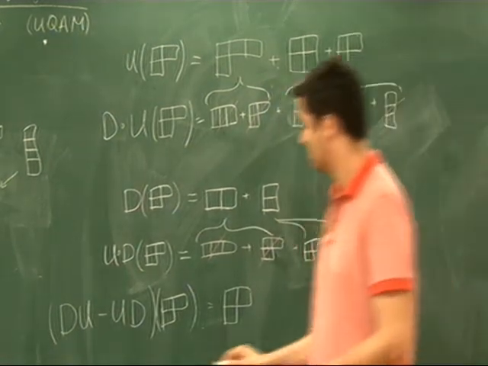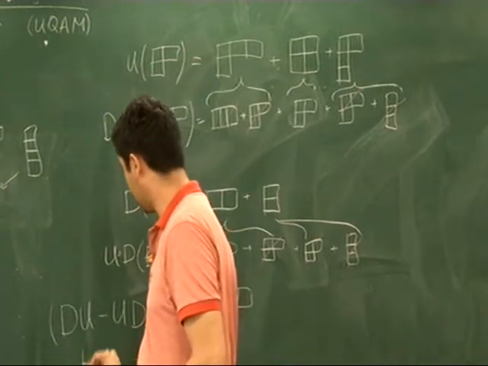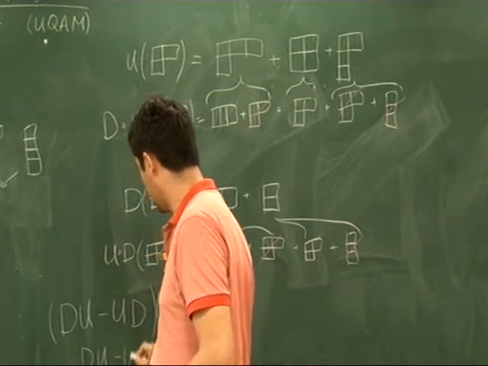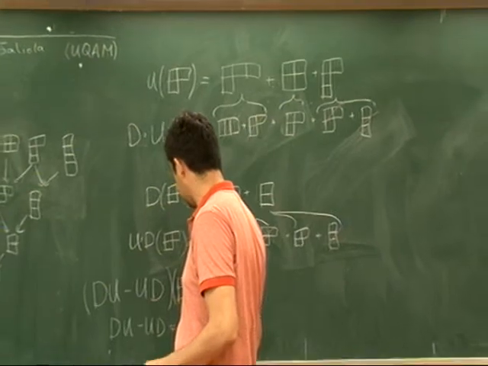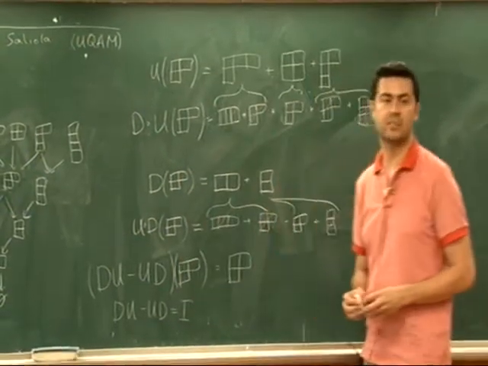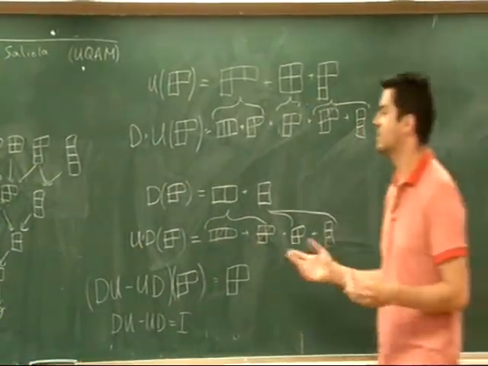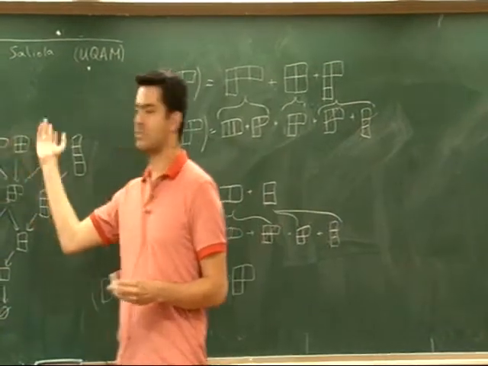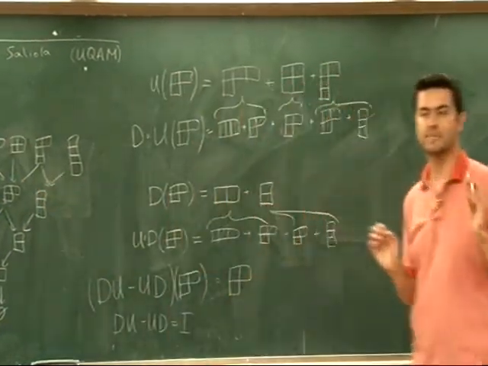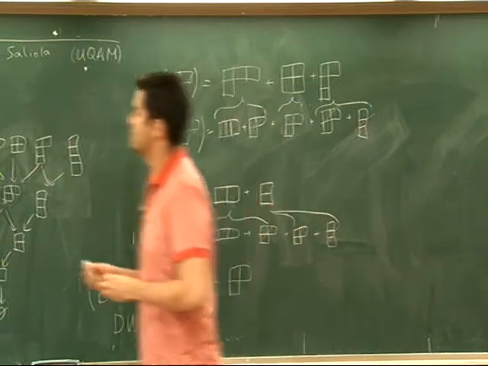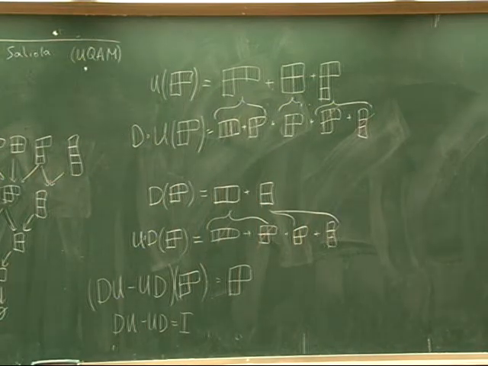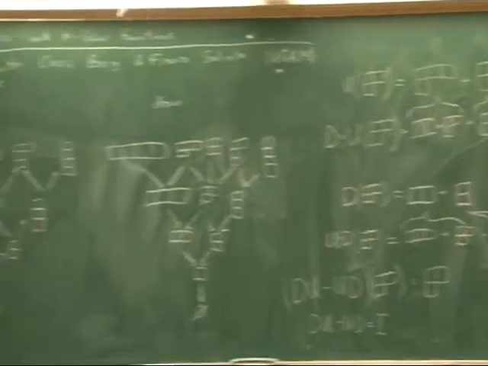And in general, in this partition lattice, we're always going to have d u minus u d is the identity. That's an exercise to prove. It's from the fact that you can always add one more corner than you remove. Okay? So this is a special kind of graphs called Fomin dual graded graphs.